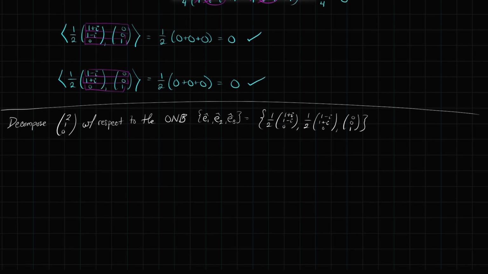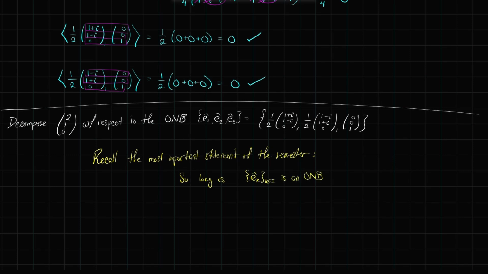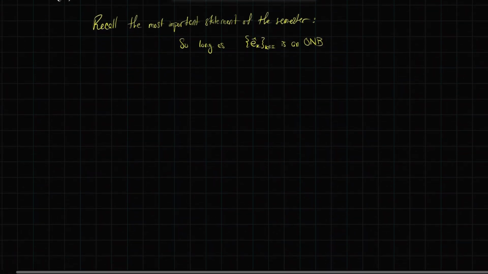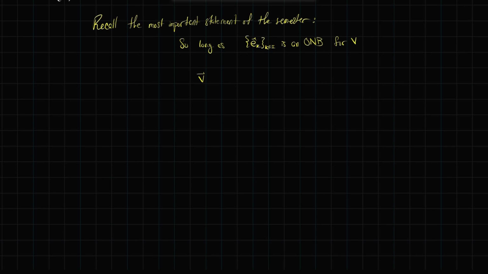We should recall from the previous video, possibly the most important statement of the semester, that so long as a set of vectors is an orthonormal basis, you can always write another vector, let's say capital V, as the sum over the basis entries, and you can compute the coefficients using inner products.